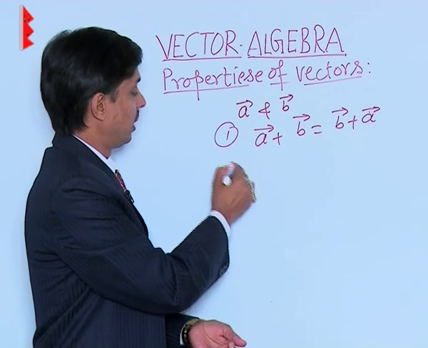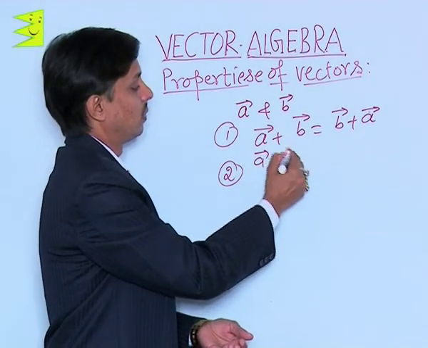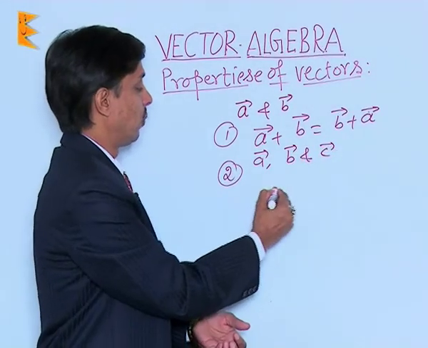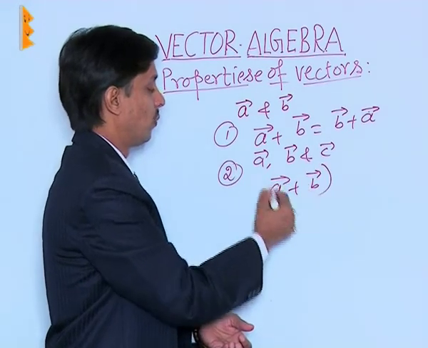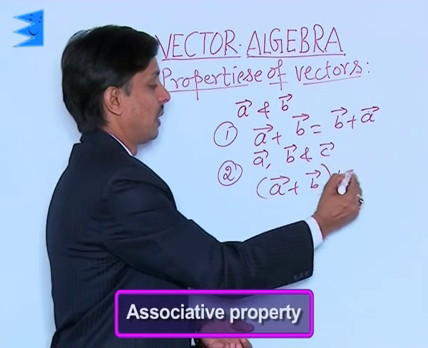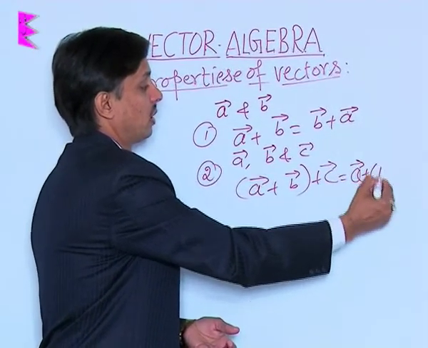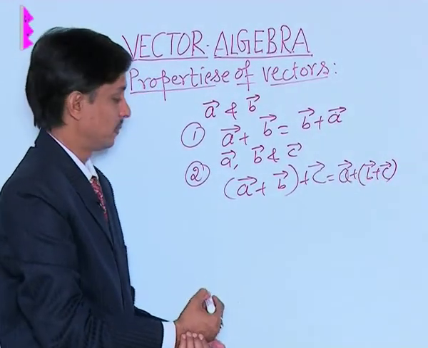Now the second: if there are three vectors, A, B and C, then vector addition is true for the associative property, that is vector A plus vector B, then vector C, is equal to vector A plus vector B plus vector C.